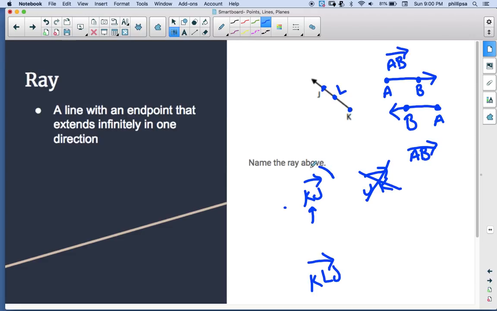So the symbol on top doesn't imply any direction. It just simply tells you that it's a ray. It doesn't tell you that it points east, west, north, south, northeast, if you will. It just simply tells you that it is a ray with an endpoint where it doesn't extend through and the endpoint that it does.